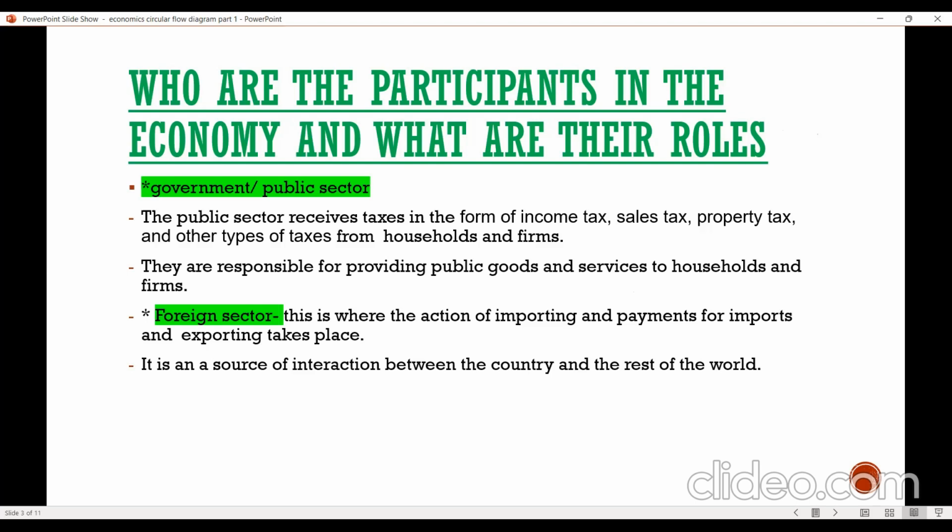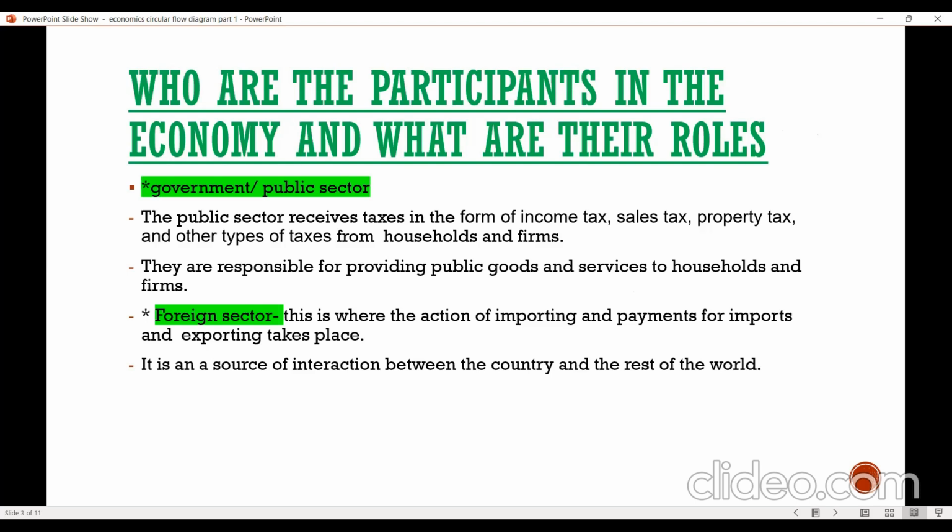The main focus is the trade between our country and the countries outside our country: the exporting of goods and services, the importing of goods and services, and also the payments. Remember, do not forget to mention the payments for those exports and the payments for those imports.